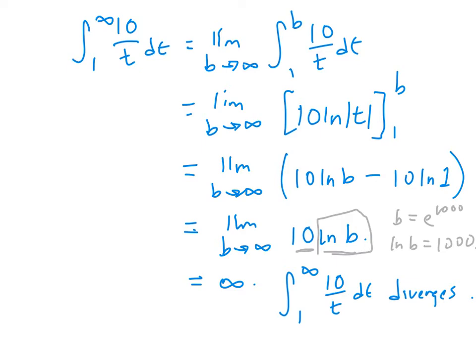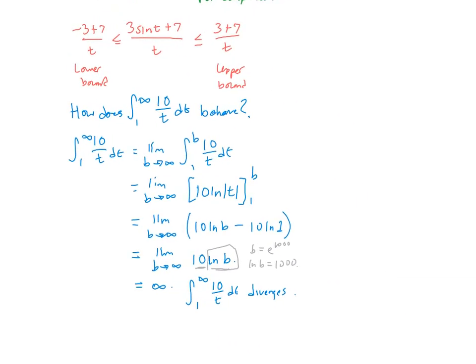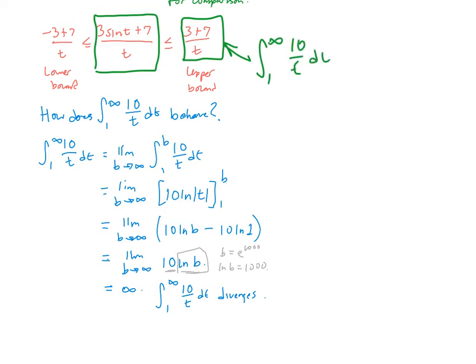Okay, so let's step back for a second, because what is it we were trying to do here? We were trying to figure out whether the integral of (3 sin t + 7)/t will converge or diverge. And all I've established right now is that the integral of 10 over t diverges.